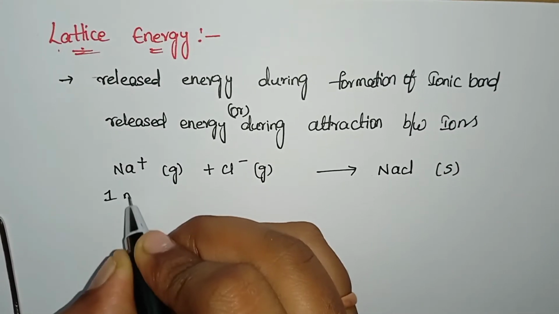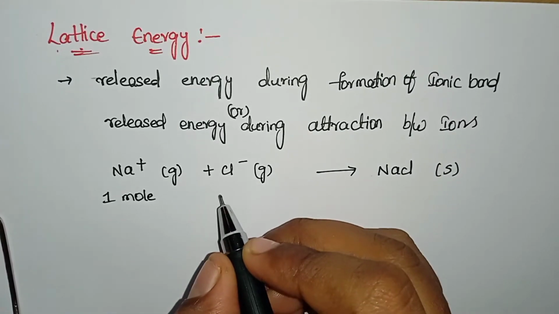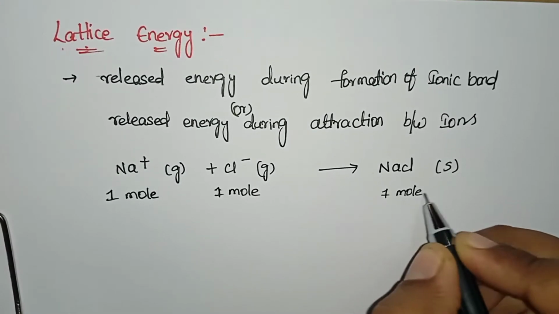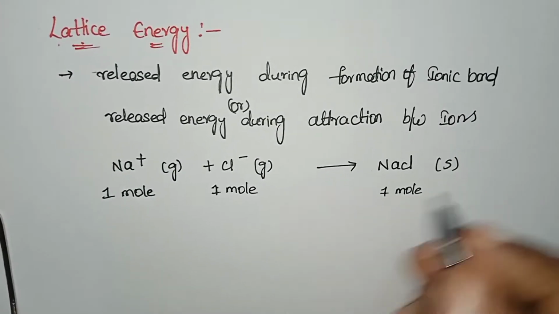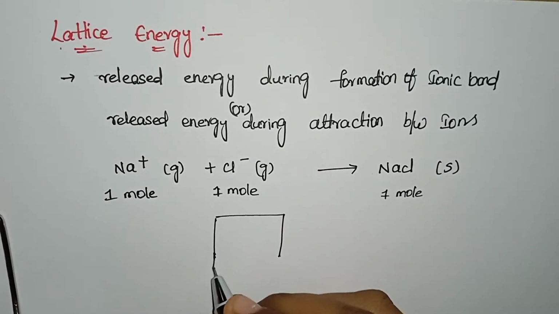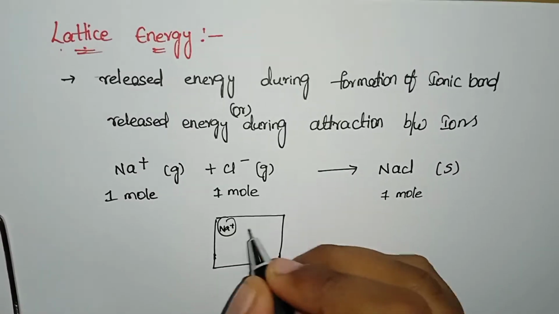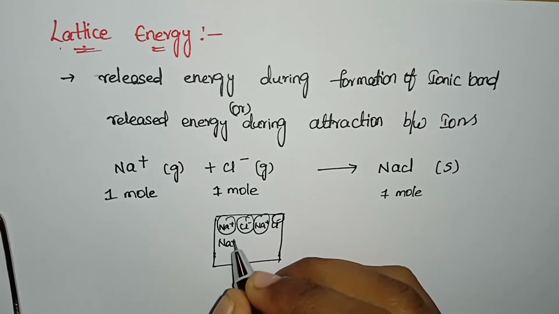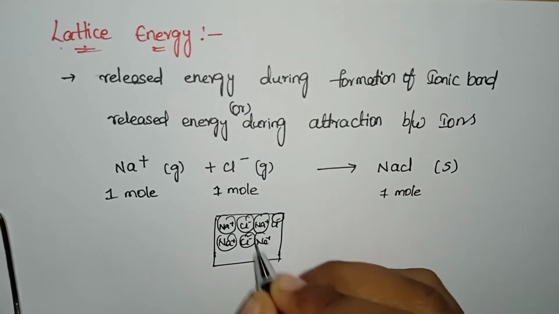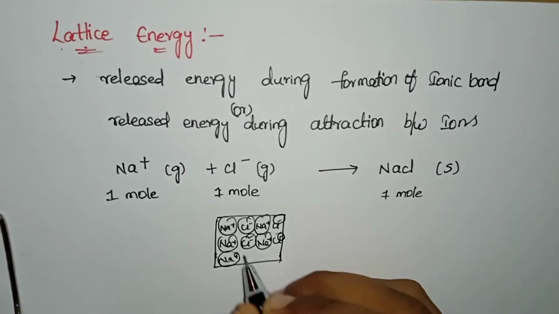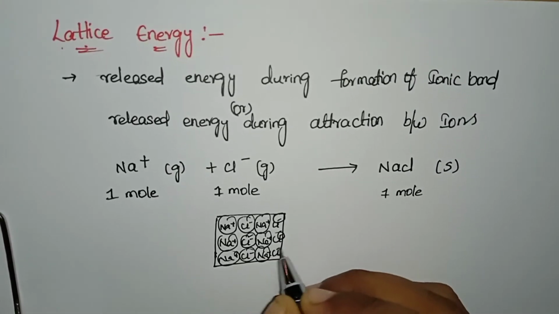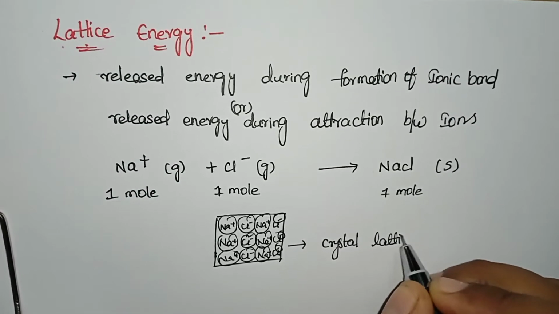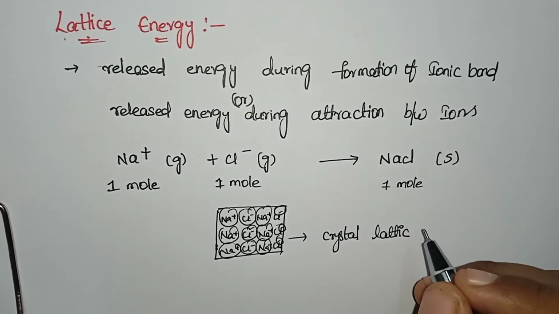The structure is Na plus, Cl minus, Na plus, Cl minus. It is a crystal lattice.